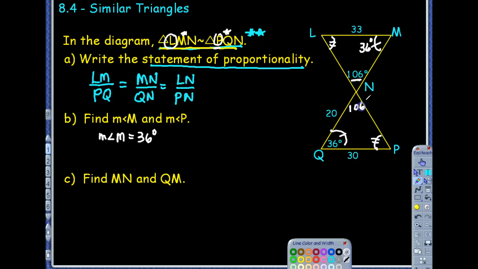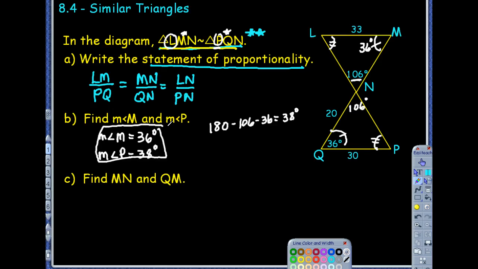If I take the 180 degrees of the triangle and subtract the 106 and the 36, I'm left with 38. That's the measure of angle P. You could technically say angle L too, but they didn't ask for angle L, though we technically found it. This is a little bit from last semester, the triangle sum theorem. All right, let's move on.